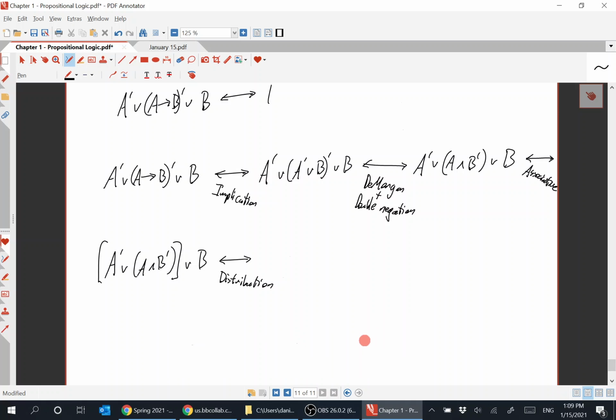So this becomes A not or A, and A not or B not, or A not or B not, and then or B outside here. A not or A, that is 1, and that was called complementation. Complement. So this becomes 1 and A not or B not.